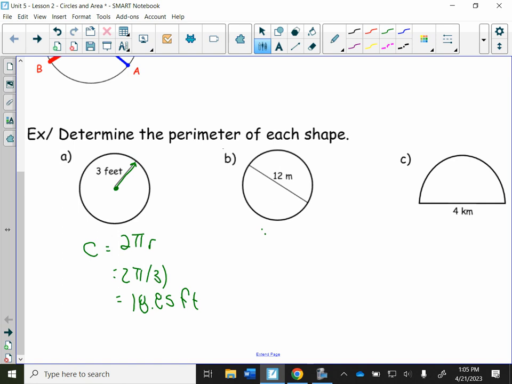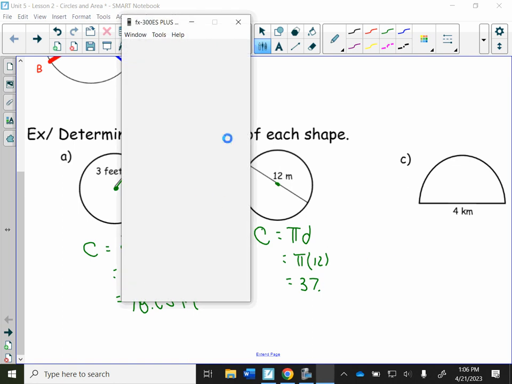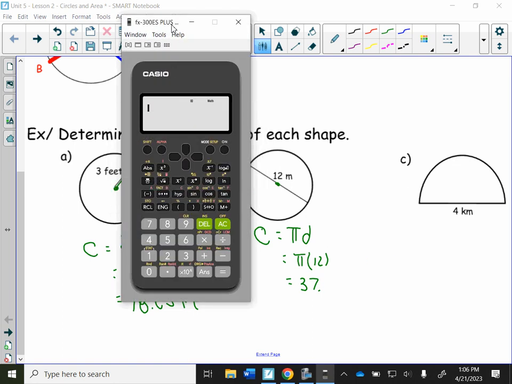The next one, pi times diameter, because I went all the way across the circle, right through the center, so pi times 12. An exact answer would just be 12 pi, but if we go to decimals, we'll get 37 point, oh, sorry, here, I'll pull my calculator up just so we can all agree. And remind you where the pi button is.